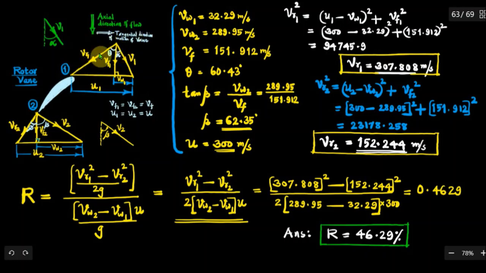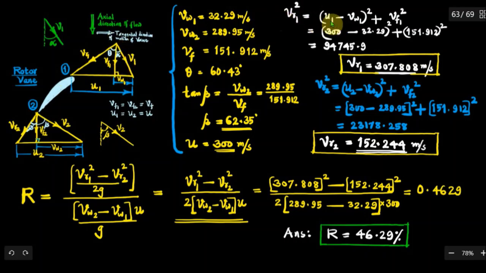Now the relative velocity is missing, because we require relative velocity Vr1 at inlet and Vr2 at outlet in order to get the degree of reaction. So you consider the inlet velocity triangle, the left side portion, this right triangle, and apply Pythagoras theorem. Vr1 square is equal to the base, u1 minus Vw1, whole square, plus the altitude Vf1 square.